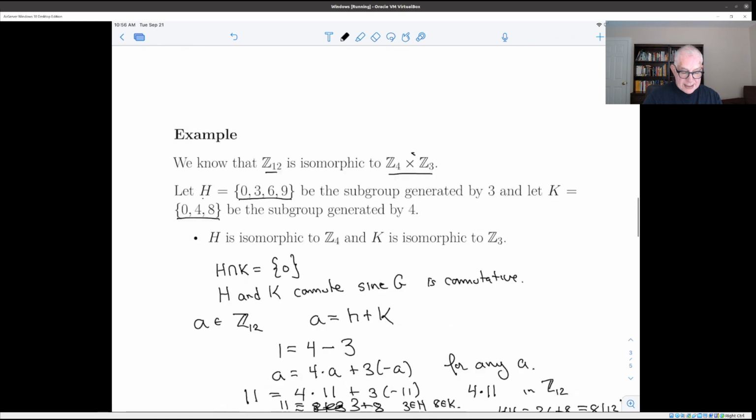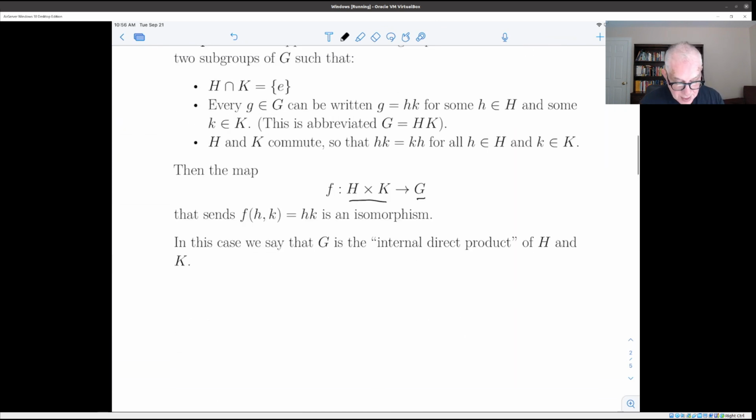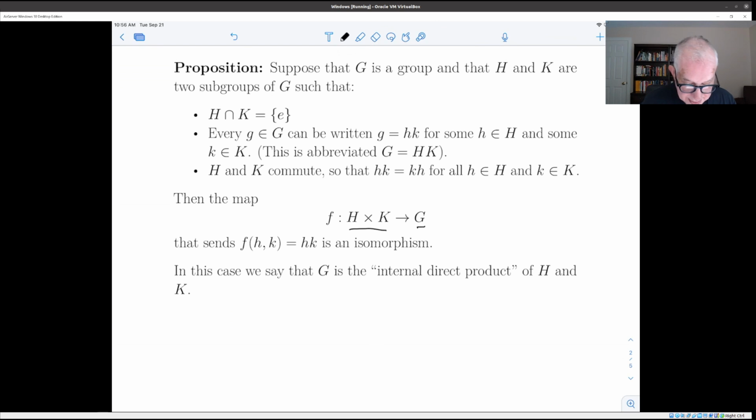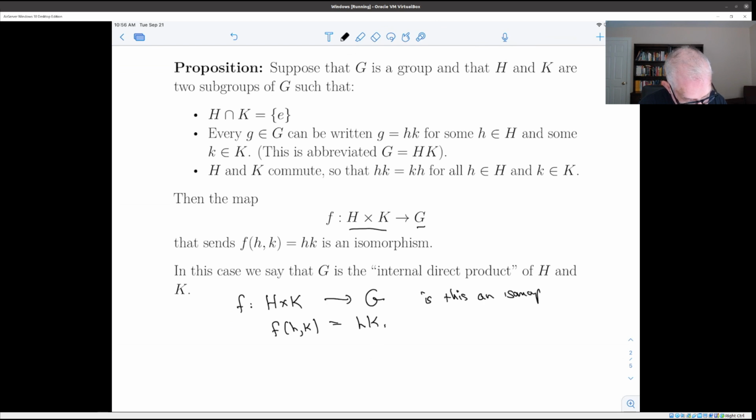Let's therefore go back and see if we can prove this proposition. So the idea is to look at this map, F from H cross K to G, where F of (h,k) is hk, and check, is this an isomorphism? Well, first of all, we need to know, is it bijective?